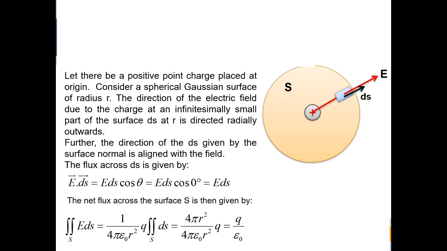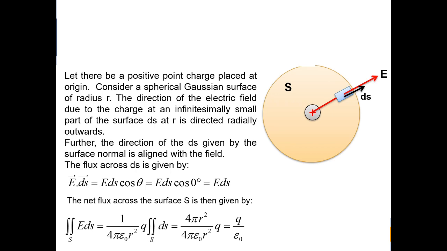They are in the same direction, so the angle between them is 0. So the flux reduces to just the product of the magnitudes of the electric field and the small area ds, E ds, because cos 0 is 1.